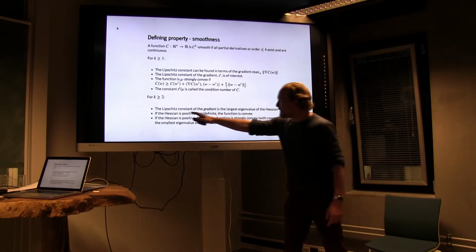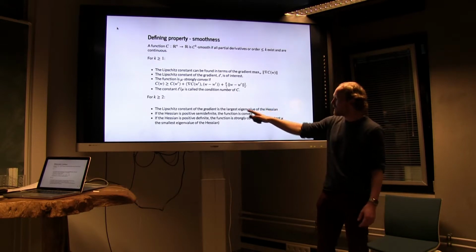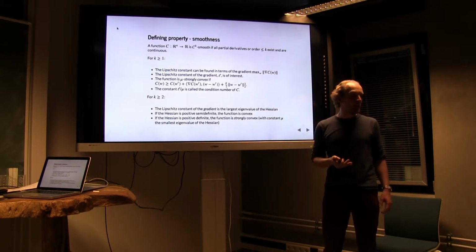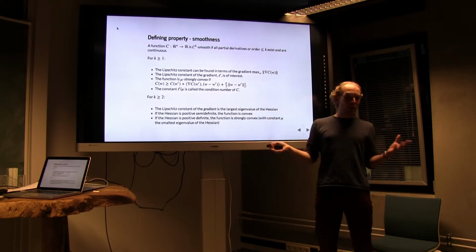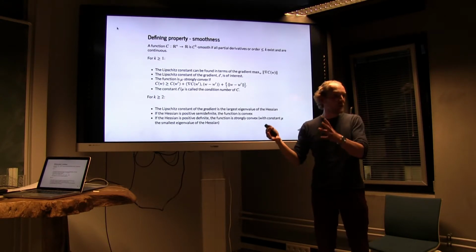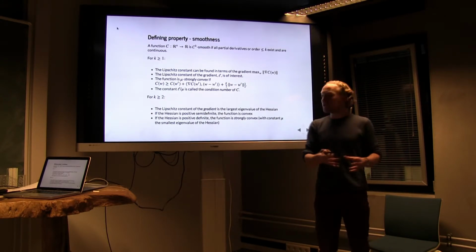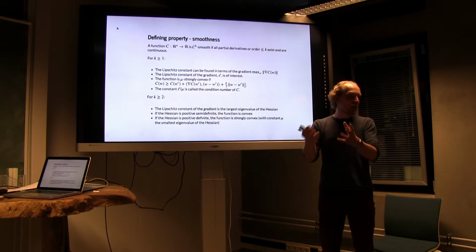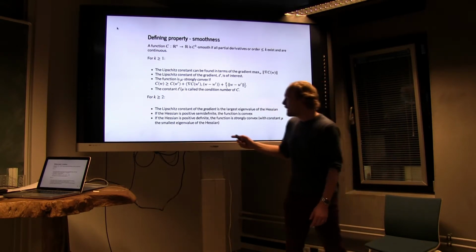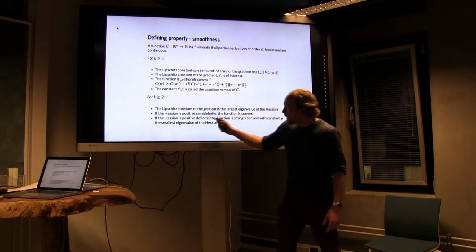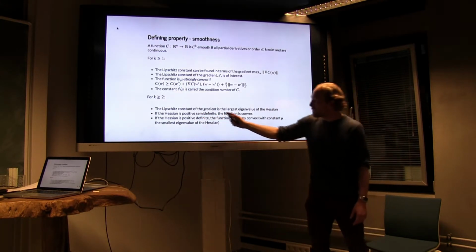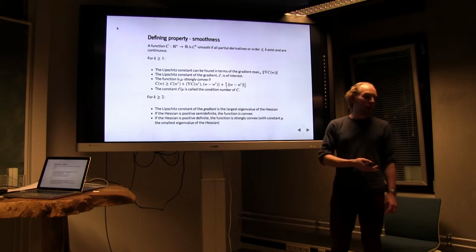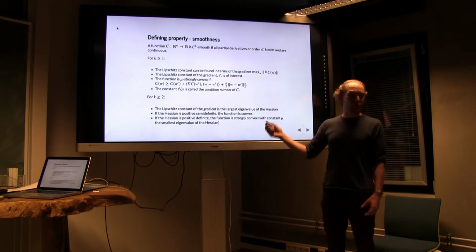Okay. So then the Lipschitz constant of the gradient, as was noted, is the largest eigenvalue of the Hessian. But then this should hold everywhere, right? The Hessian, the second derivative, will depend on where I am in space. So the largest eigenvalue would be the largest eigenvalue I can find over all points in space. Then other things I can read off of the Hessian: if it's positive semi-definite, so all the eigenvalues are non-negative, then the function is convex, right?